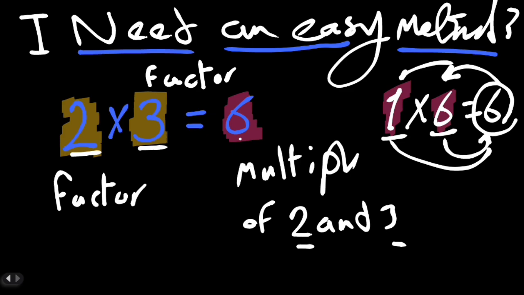I need you to understand this first: the two numbers inside are factors for the outer number, and we name it a multiple. So in multiplication, the multiple will be the last term, the last one.